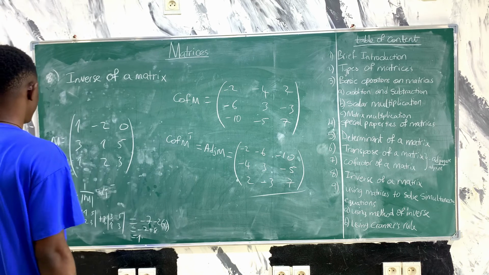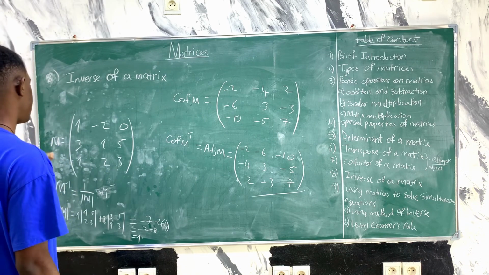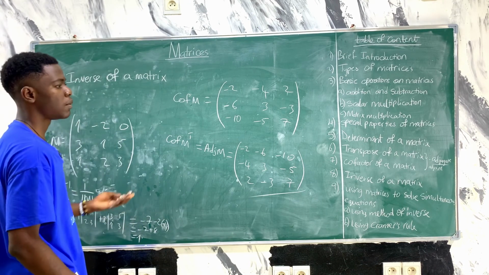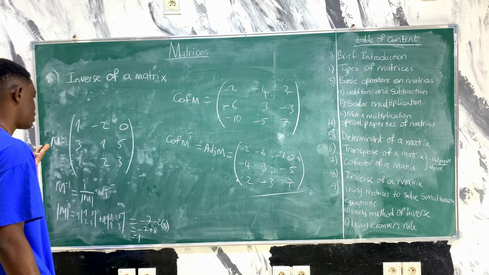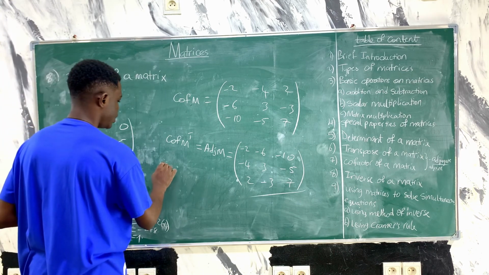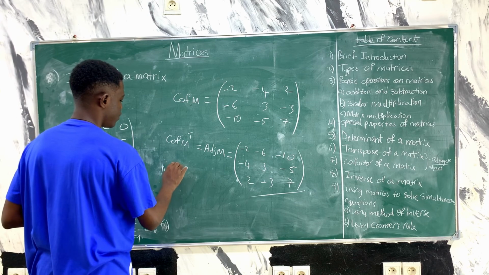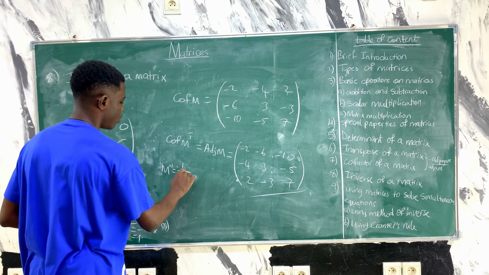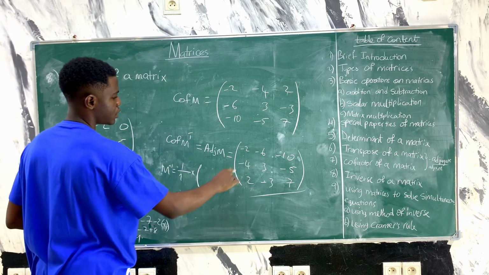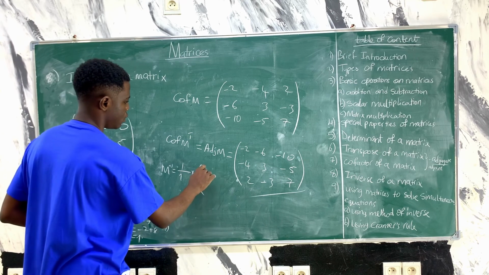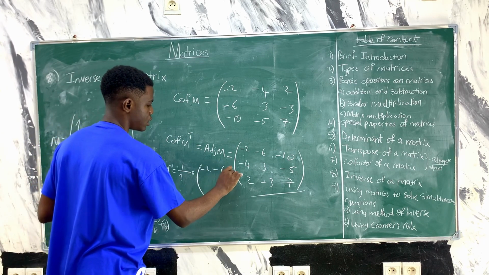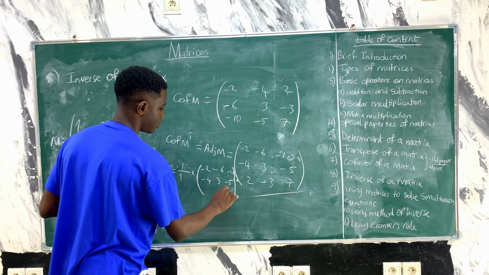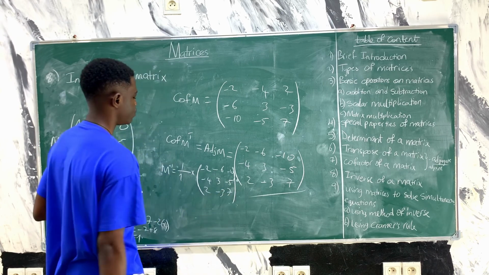Since we have the determinant of the matrix M and the adjugate, or the cofactor transpose, we can easily find the inverse. M inverse equals, from the formula, 1 over the determinant times the adjugate. 1 all over 1 times all of this: minus 2, minus 6, minus 10, minus 4, 3, minus 5, 2, minus 3, 7.